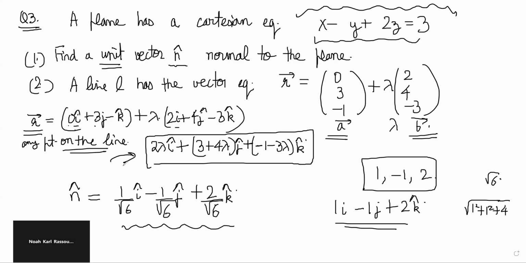This point must intersect the plane somehow, so it should lie on the plane, right? Whenever the plane intersects the line, there is going to be one point that is common to both, right?